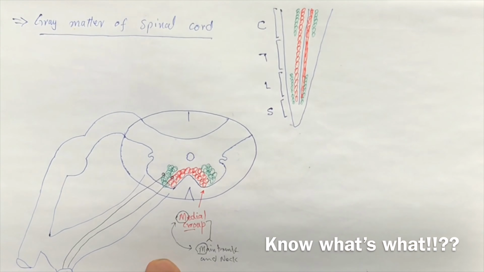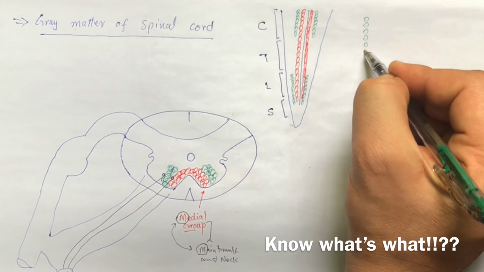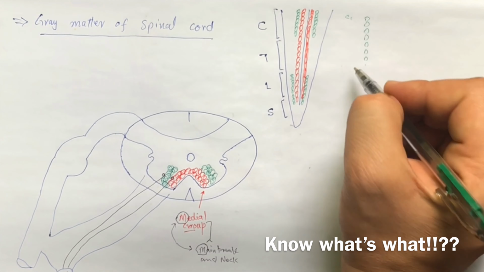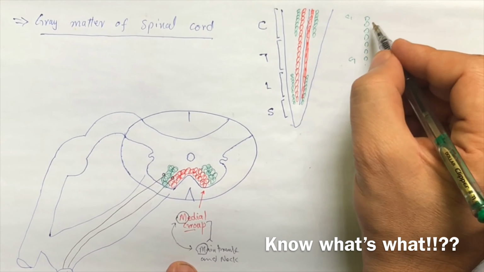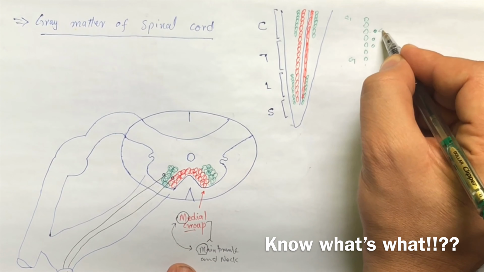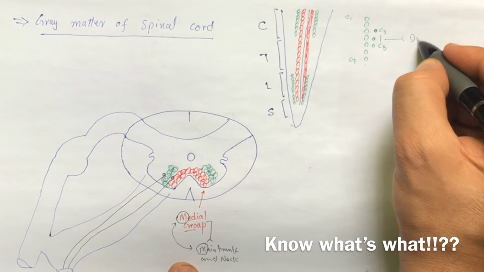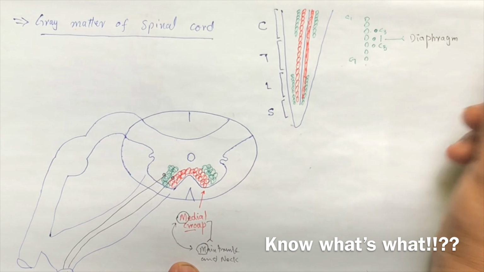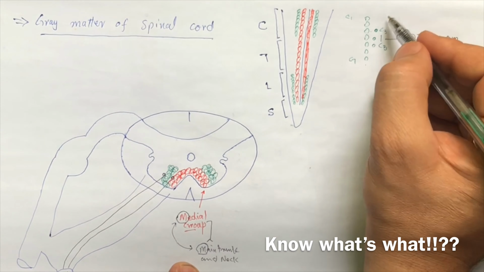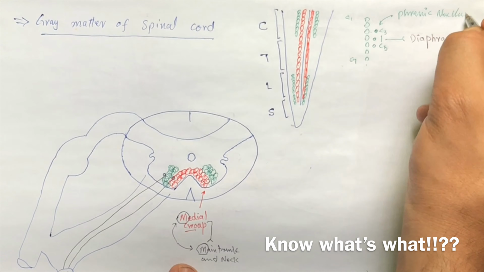So here is the lumbosacral segment as well. If we put the cervical segment outside, C1 to C8, now the C3 to C5 send the motor fibers to the diaphragm, and these are called the phrenic nucleus, right?